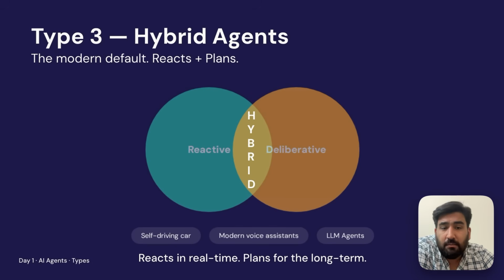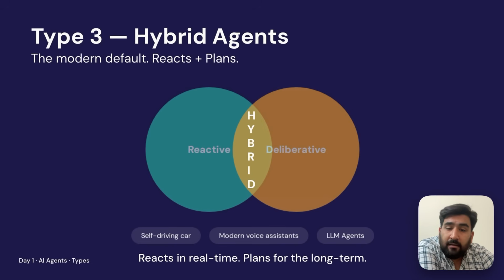Sometimes when you ask them a general question, they can think before answering it. But if the question is about some application, like turn on the flashlight or play some music, then they become hybrid in the reactive zone.